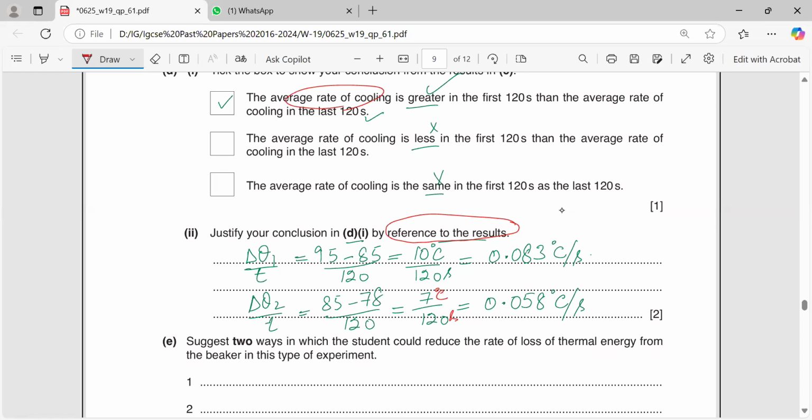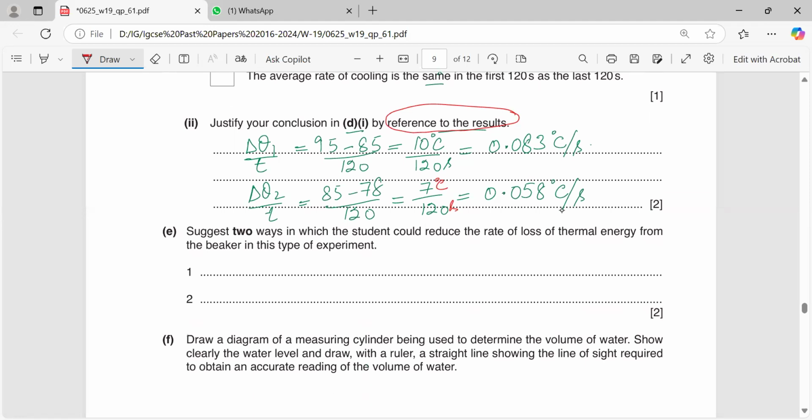Now he's saying suggest two ways in which the student could reduce the rate of loss of thermal energy from the beaker in this type of experiment. Very simple. He can put a lid at the top of the beaker. Cover the beaker with a lid.